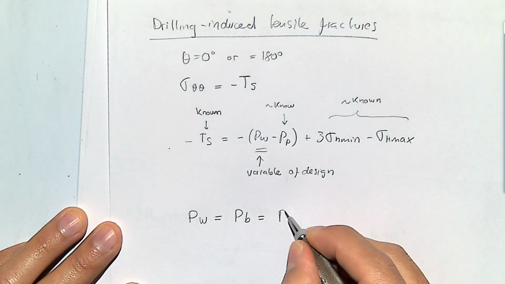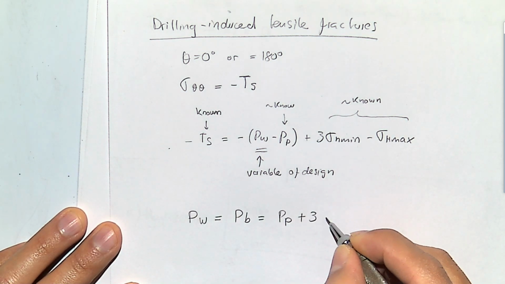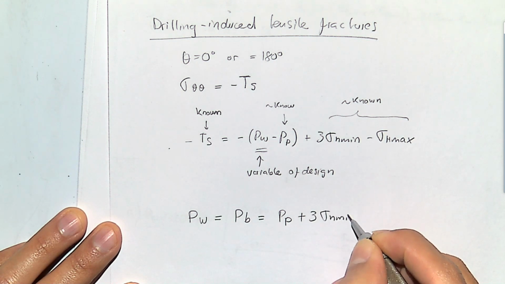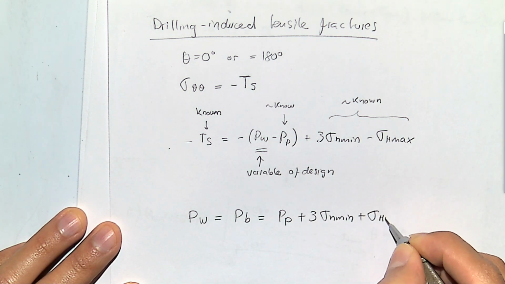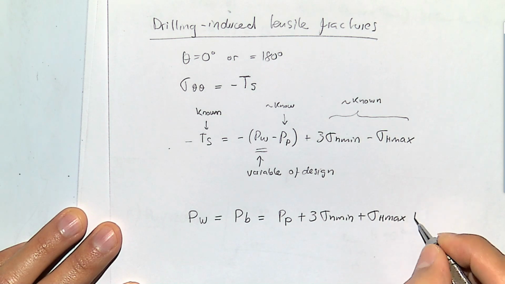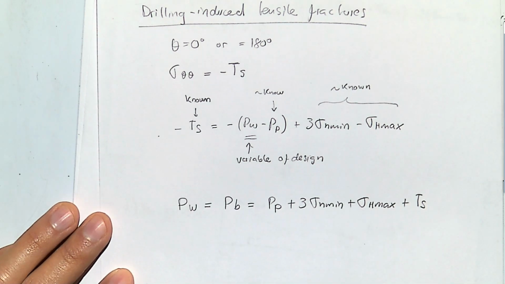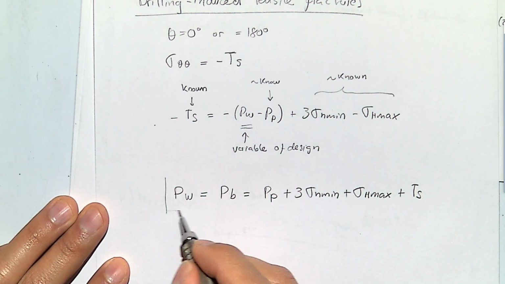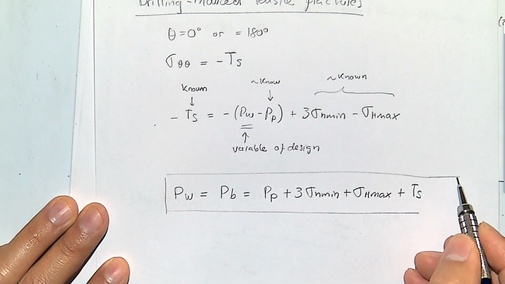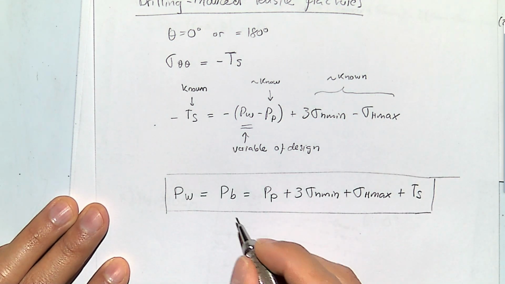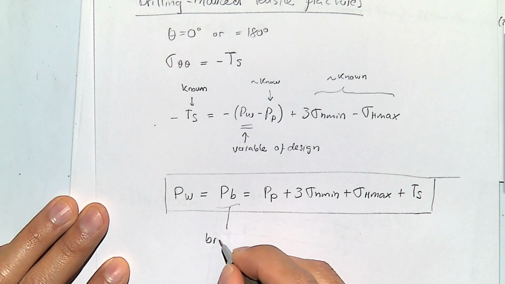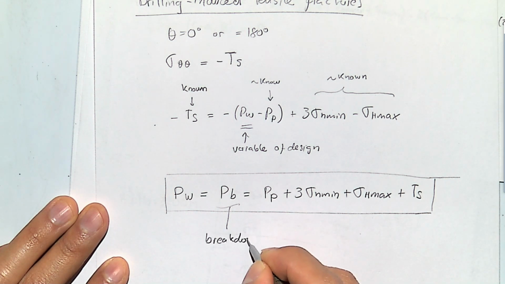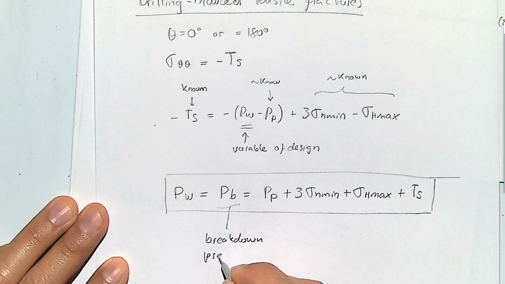So this is just going to be pore pressure plus 3 times sigma h mean minus sigma h max plus the tensile strength. And it is called PV because this is called breakdown pressure.